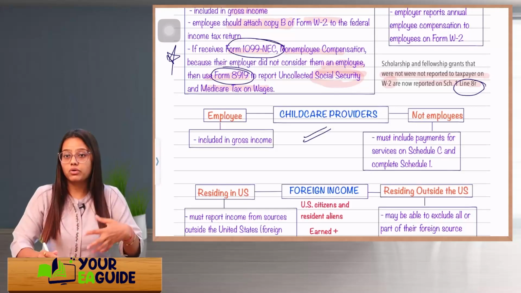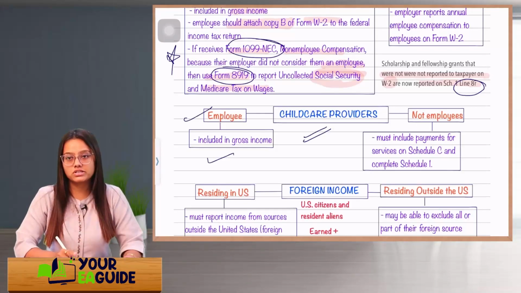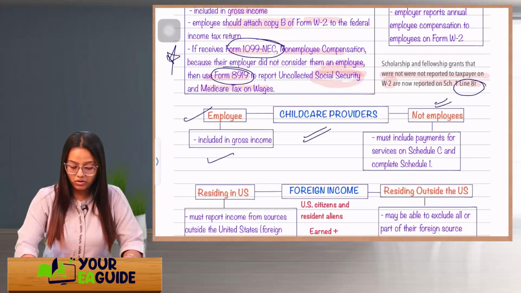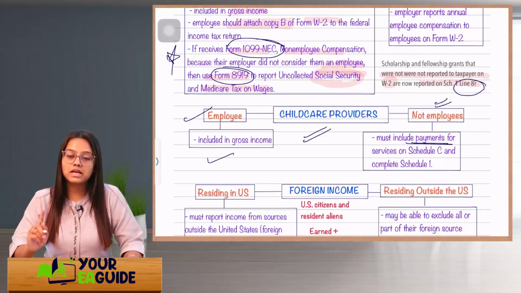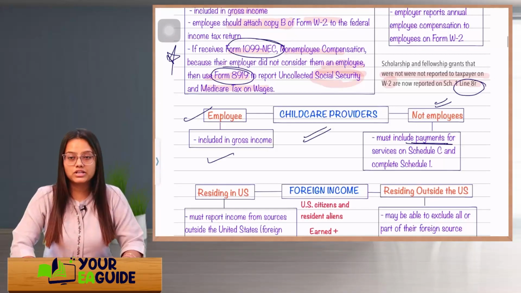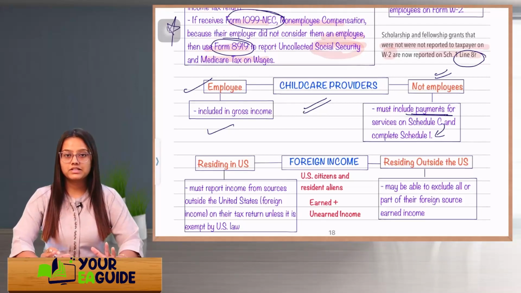They should not worry about the child, right? So the employee will include it in the gross income, and if not an employee, must include the payment for services on Schedule C and complete Schedule 1. Okay, Schedule C income will get flowed to the Schedule 1. That's it. So childcare facility is this.